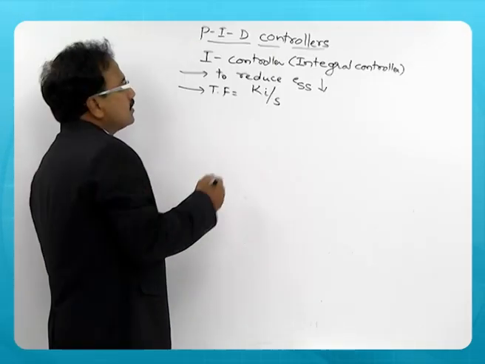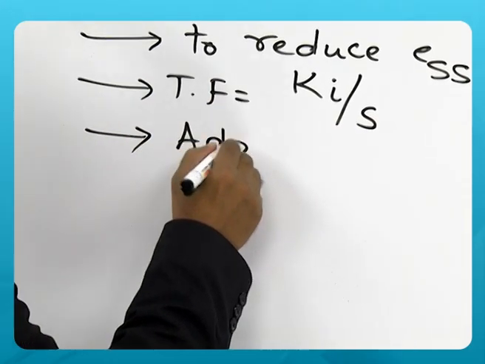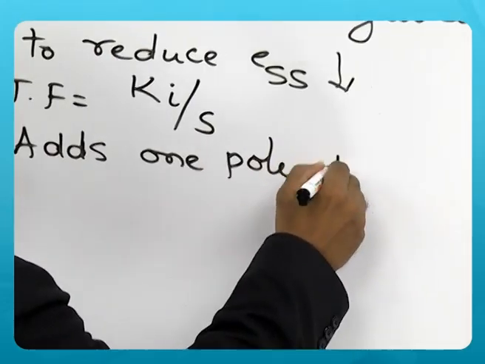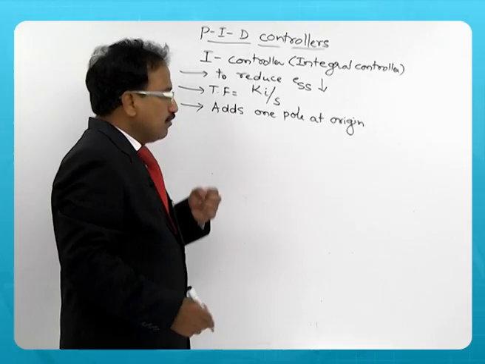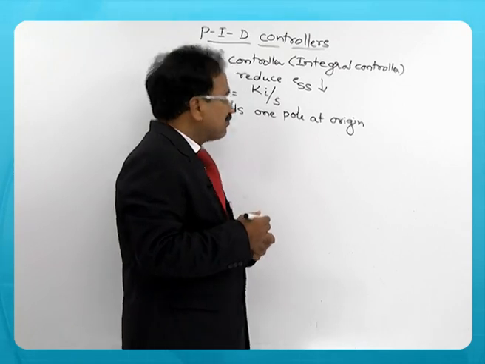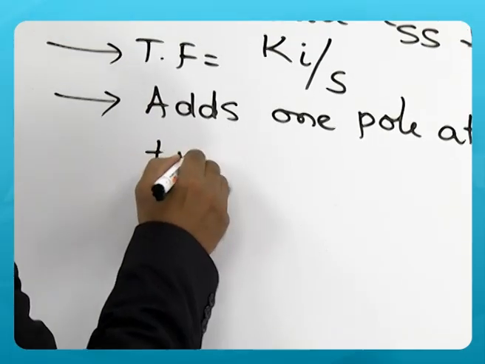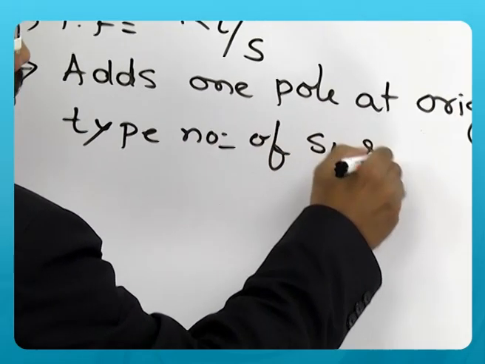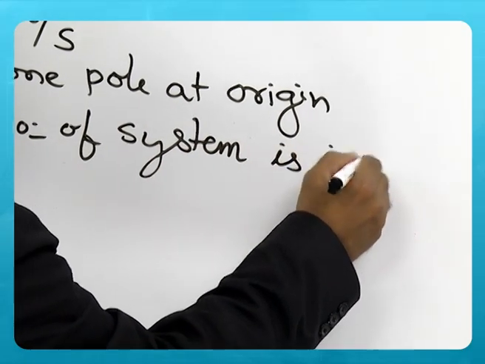That means this controller adds one pole at origin. Addition of a pole at origin means the type number of the system is increased by 1.